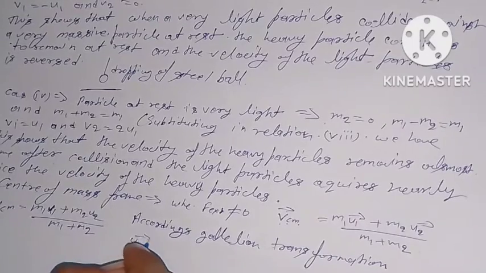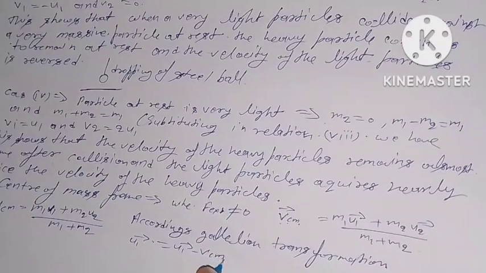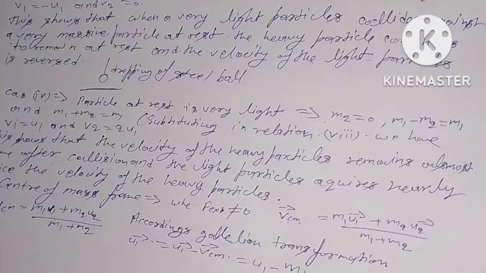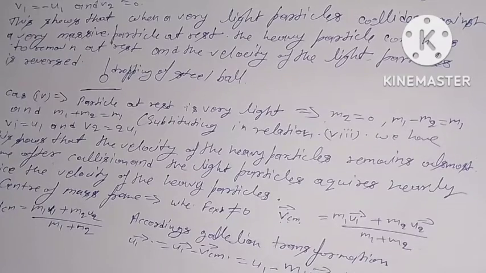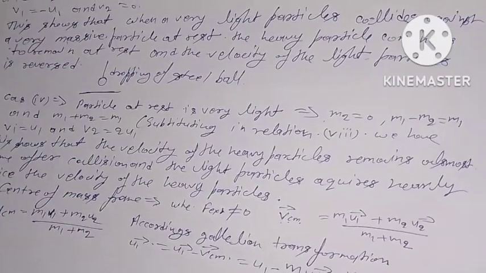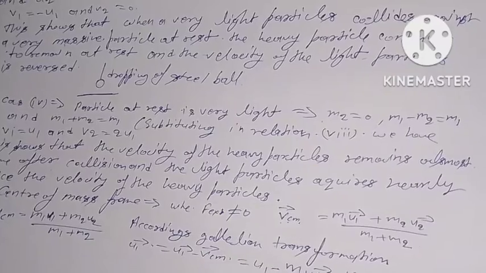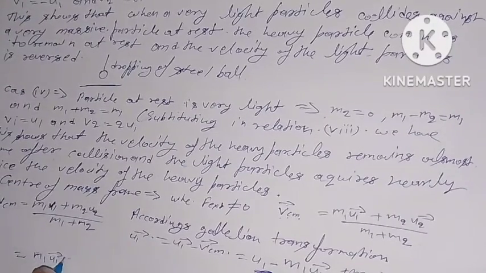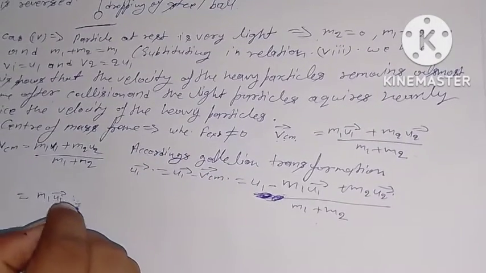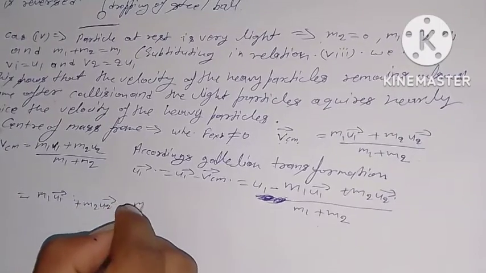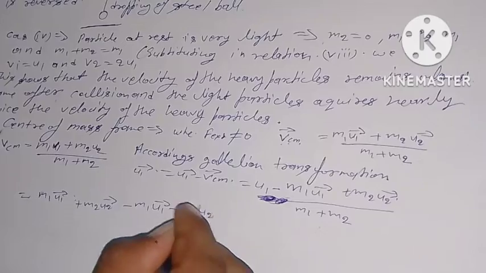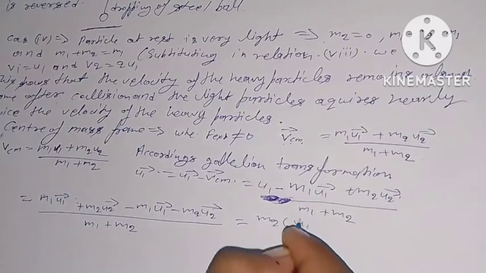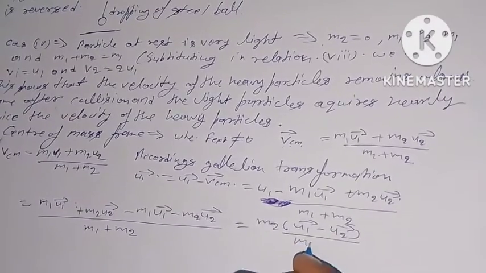u1 dash vector equals u1 vector minus V center of mass vector, equals u1 minus m1 u1 vector plus m2 u2 vector upon m1 plus m2, equals m1 u1 vector plus m2 u1 vector minus m1 u1 vector minus m2 u2 vector whole upon m1 plus m2, equals m2 u1 vector minus u2 vector whole upon m1 plus m2.